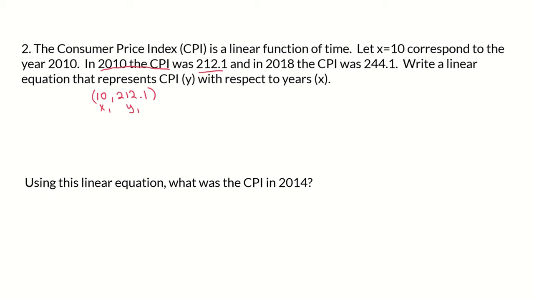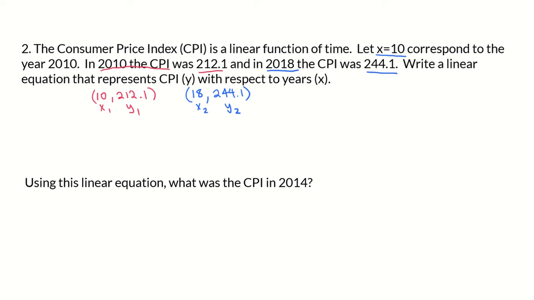Instead of 2010, we're using 10 because x equals 10 is the years past 2000. That represents 2010. And that would mean that 2018 is going to be the x value 18. So our second point is (18, 244.1), and this is the point (x2, y2).